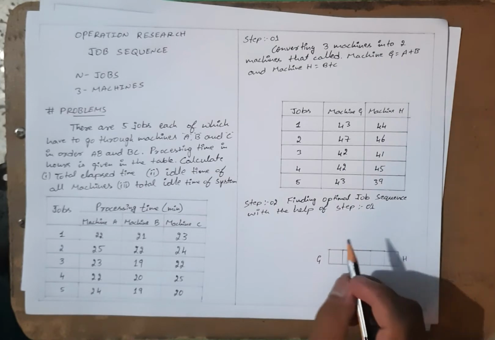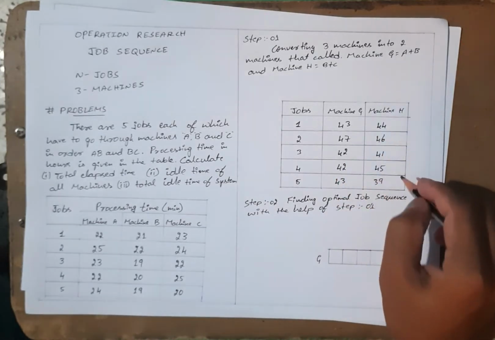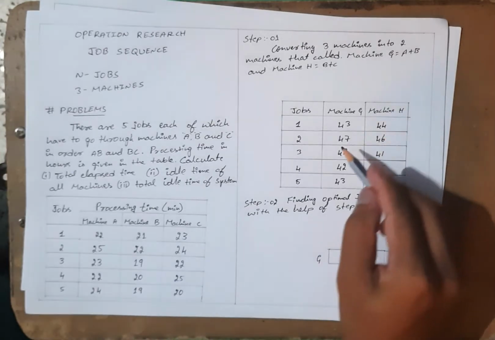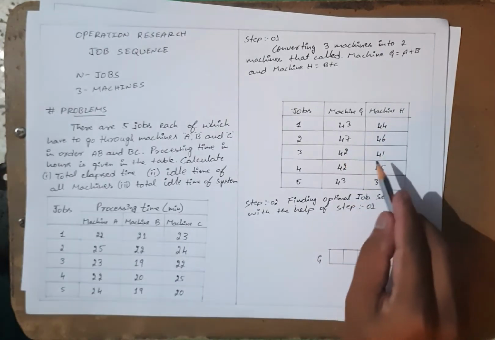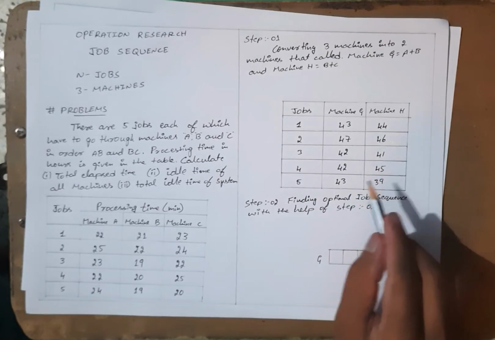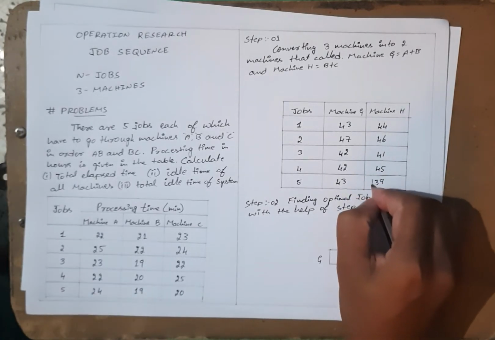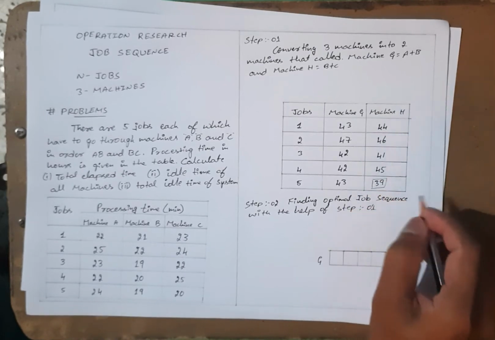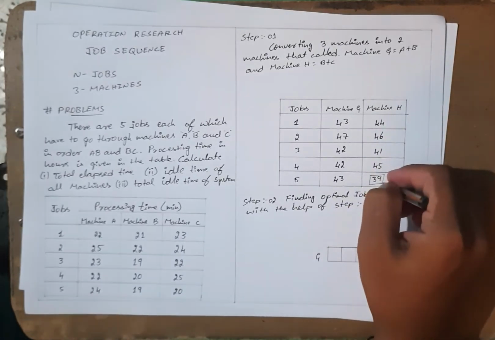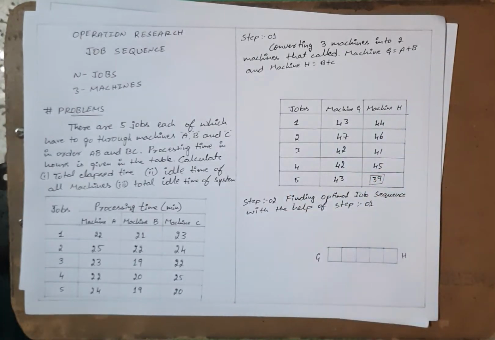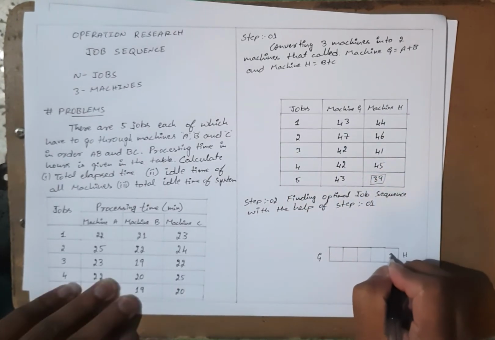Okay, so from the table we find the least value: 43, 44, 47, 46, 42, 41, 42, 45, 43, 39. The least value is 39. We highlight this; that value is in machine H, and the job is number 5.